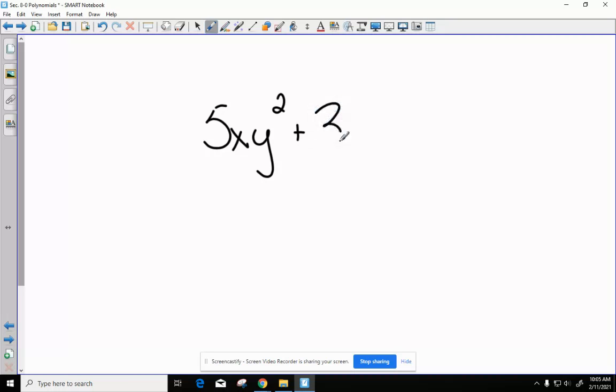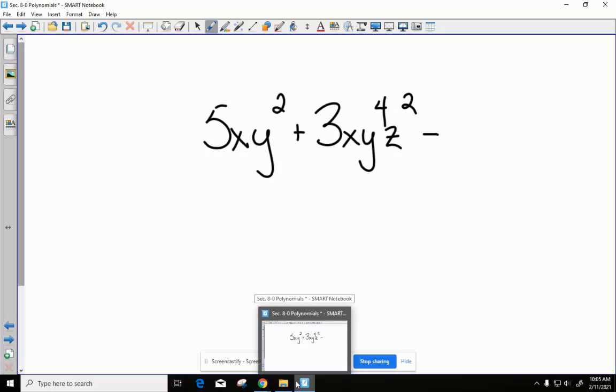So maybe this one says 3x. This went from being a monomial to now it has two things. Now it's a binomial. Okay? As long as I don't bring in addition or subtraction and I continue to multiply, so, let's say, y to the fourth, z squared, I don't know. That's still a term on its own, so it's still a binomial. As soon as I bring in another addition or subtraction sign, it's now about to become a what?